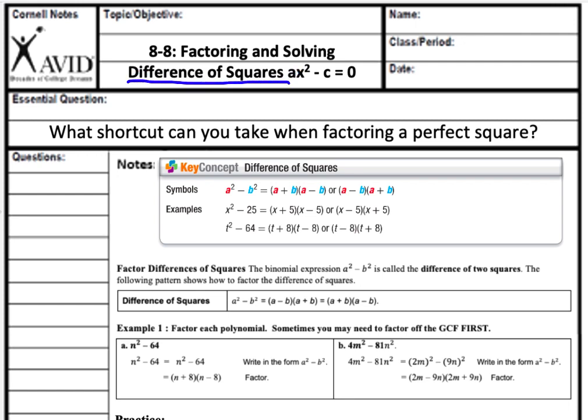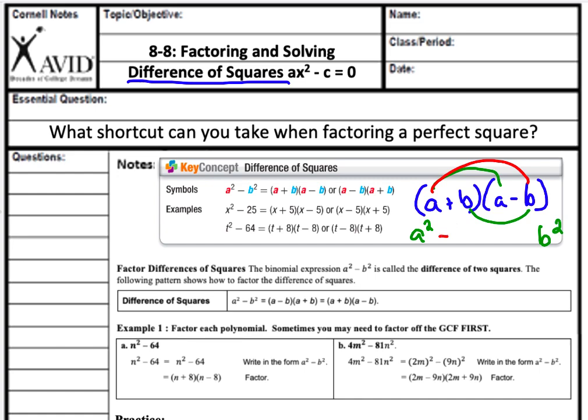If you remember back to an earlier lesson, we had problems like a plus b times a minus b. So it's the same first term, the same last term, the only difference is switching the signs in the middle. If you remember what happened, we would do a times a is a squared, b times b is b squared, but then those middle terms, a times negative b is negative ab, b times a is positive ab.